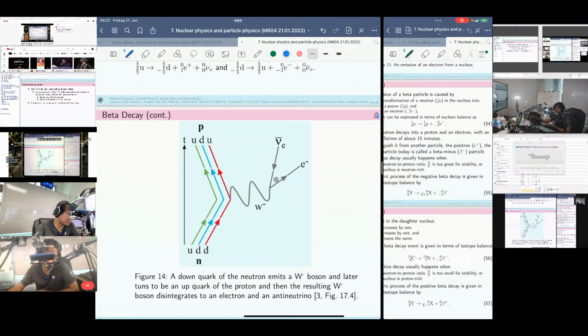You can see why the arrow doesn't go out: this is an anti-particle, so the arrow is in the opposite direction. We get a beta minus particle, or simply speaking, an electron. And we also get the electron antineutrino, which is nu bar with subscript e.